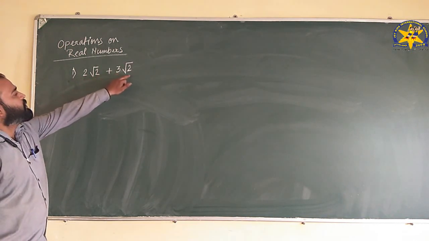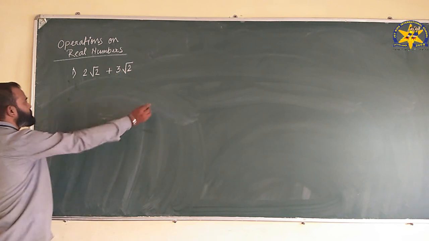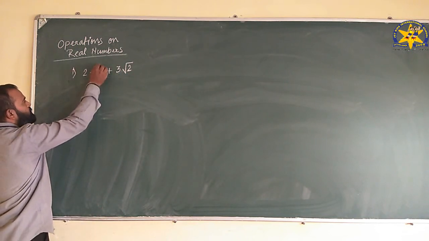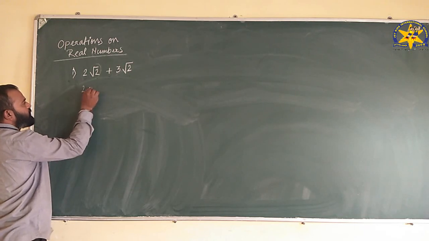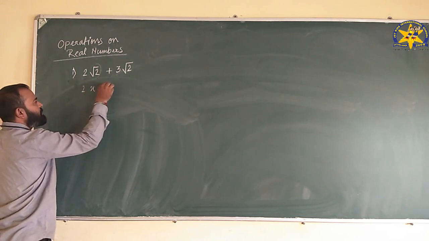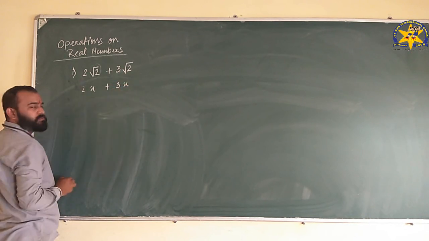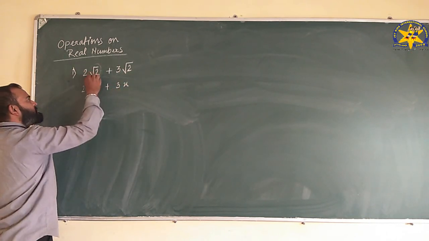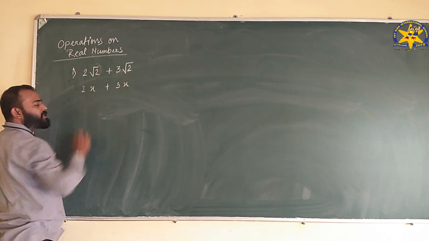2√2 plus 3√2. Now see here, consider this as x. Just as it was 2x plus 3x, here too it will be x. I have told you to consider √2 as an x. Here is also √2, so x.